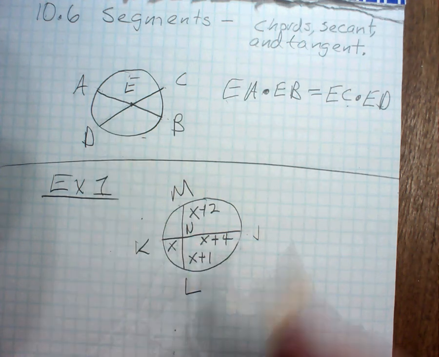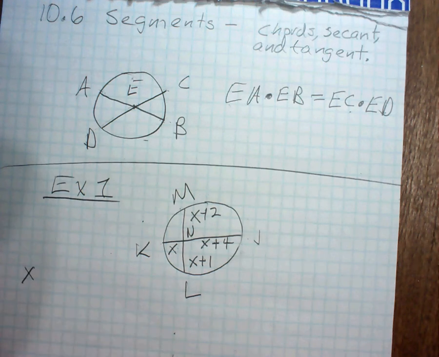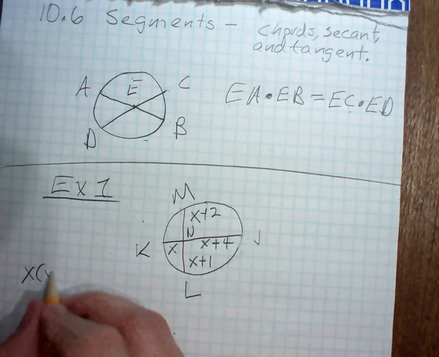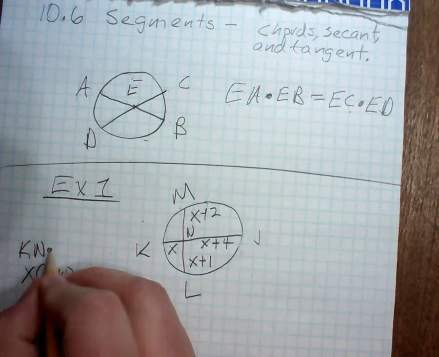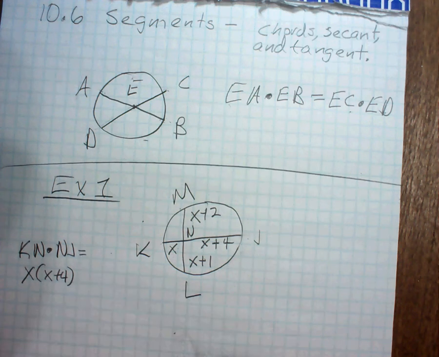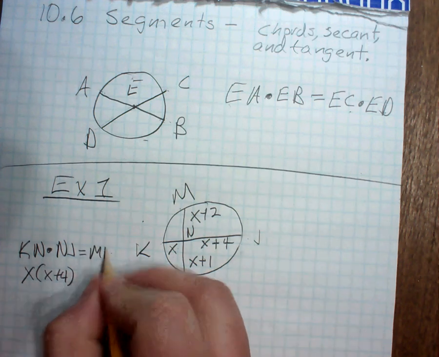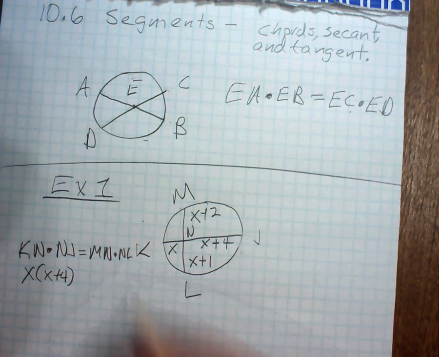So I'm going to do the same thing here. I'm going to take this segment, x, and multiply it by x plus 4. In other words, KN times NJ is equal to MN times NL.